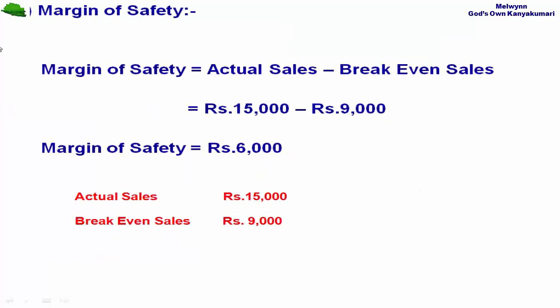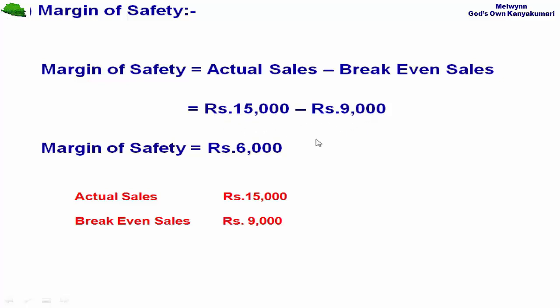Then margin of safety. The formula is margin of safety is equal to actual sales minus break-even sales. Actual sales given in the question rupees 15,000. Then break-even sales calculated value is rupees 9,000.